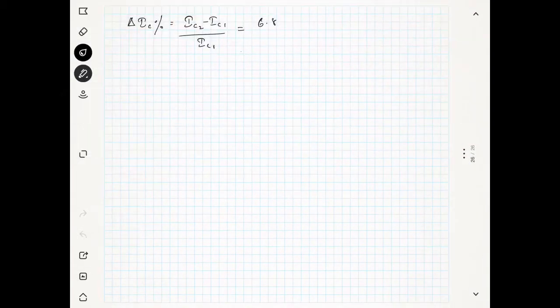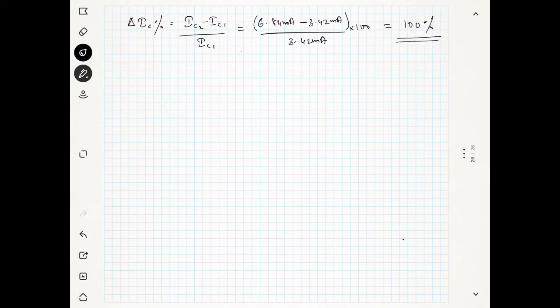So 6.84 milliamps minus 3.42 milliamps over 3.42 milliamps into 100. So you will get the change as 100%. That means your IC has changed drastically. That means this kind of biasing technique is one of the worst biasing techniques, we can say.